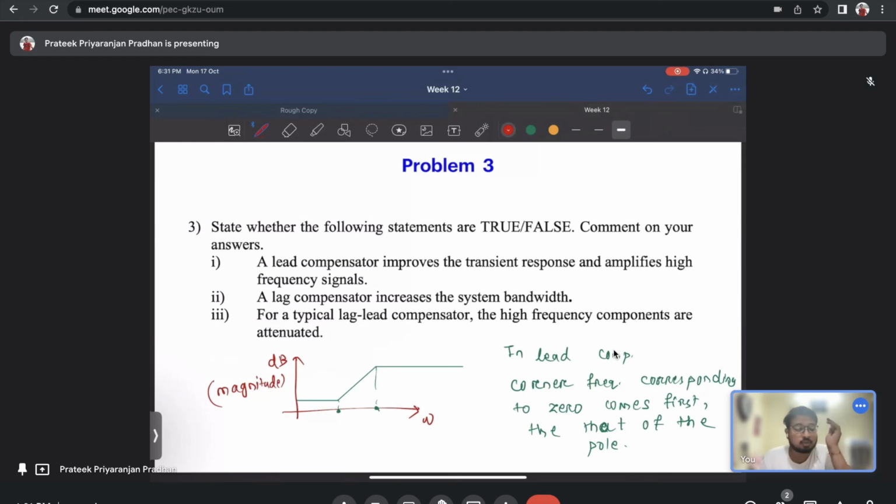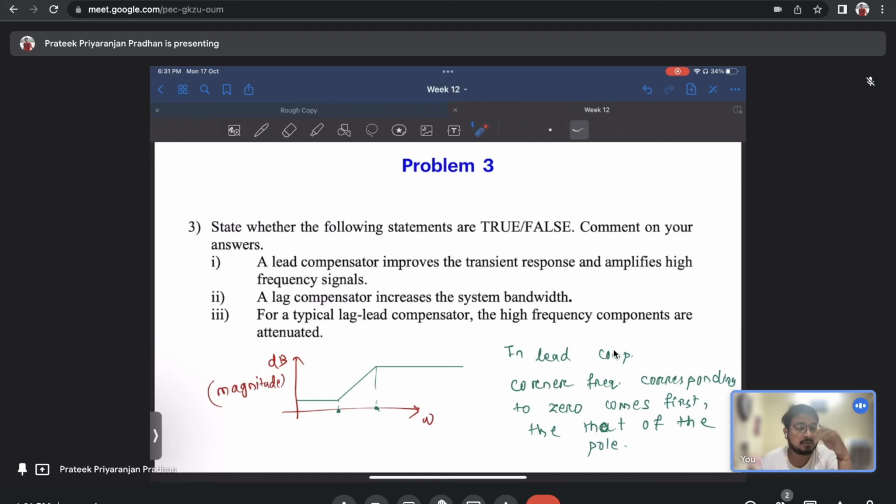Look at it carefully: at low frequency the magnitude is reduced, and at high frequency the magnitude is amplified. That's why we can say it amplifies the high frequency signal, and it improves the transient response.